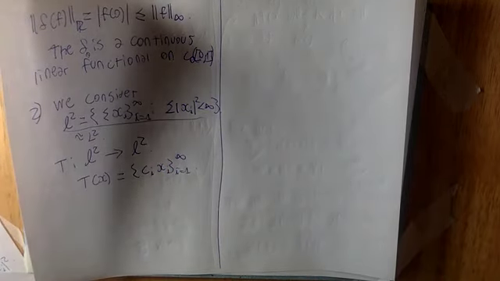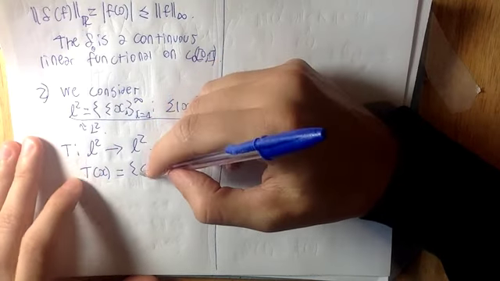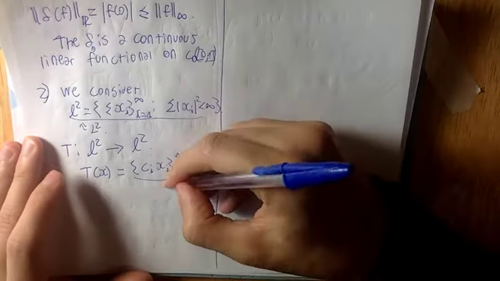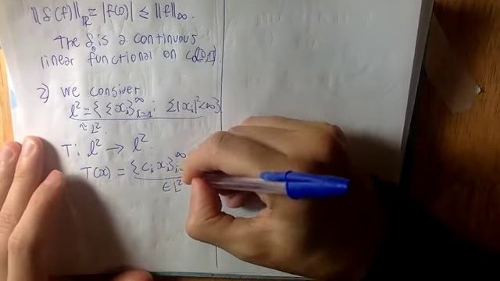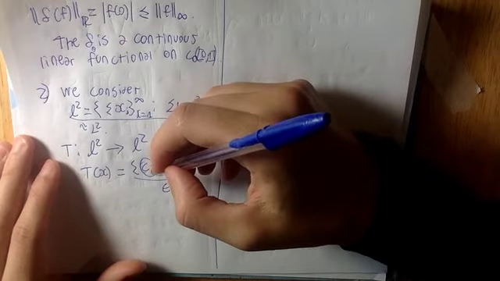Checking that T is bounded will also give us that T is well defined, because the question is why this is in l2. So you have to give conditions on the coefficients c_i for this to actually be in l2.